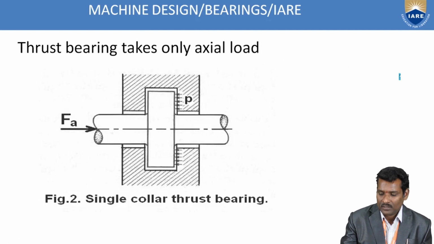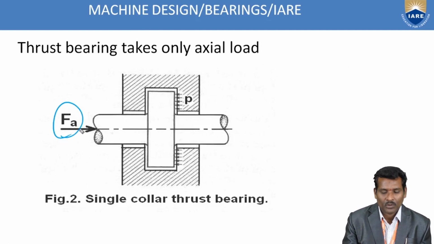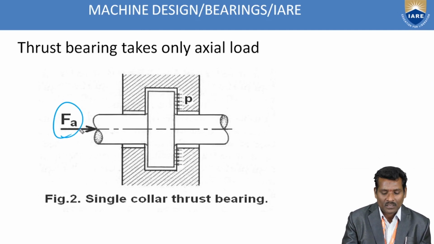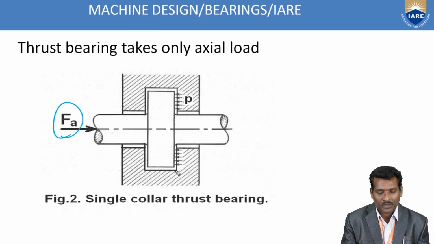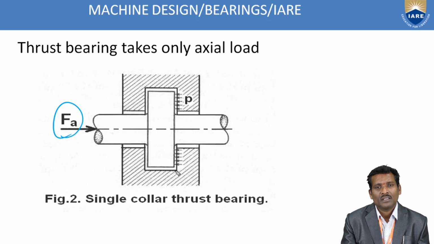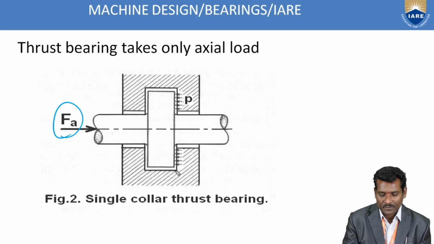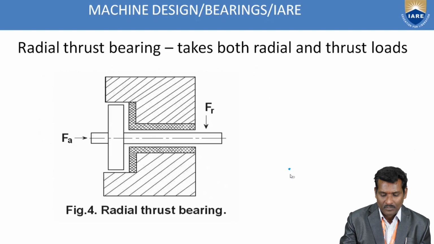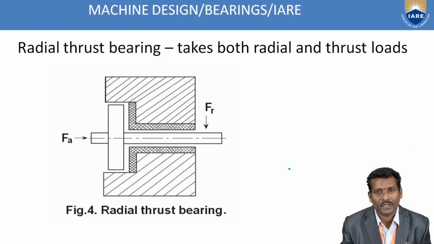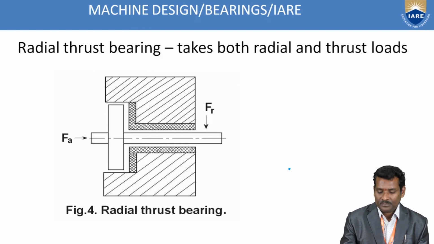So in this, the load is acting parallel to the shaft axis. Here a single collar is placed, so that's why this type of bearing is called a single collar thrust bearing. If you use multi-collar, you can say multi-collar thrust bearing. Next, this one we have already discussed. It takes both radial and thrust loads, the combined load diagram.